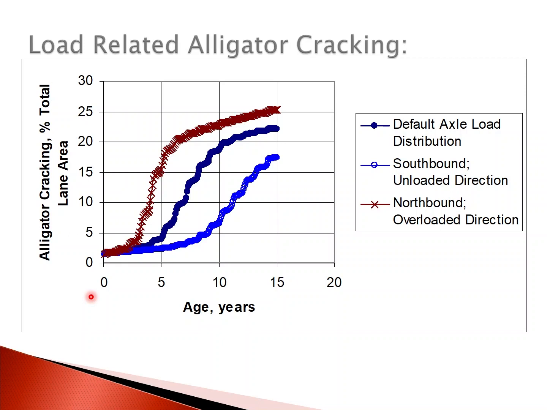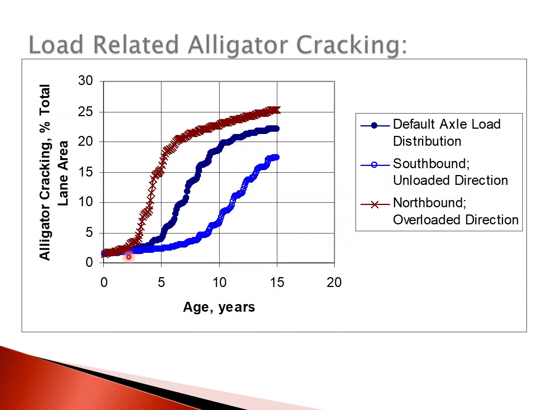The graph compares the predicted bottom-up alligator cracking for basically 3 runs. The first run is to use the default values defined as the solid circles. That's the default axle load distribution. Run 2 was use of the unloaded or lower than legal load limit in an opposite direction.